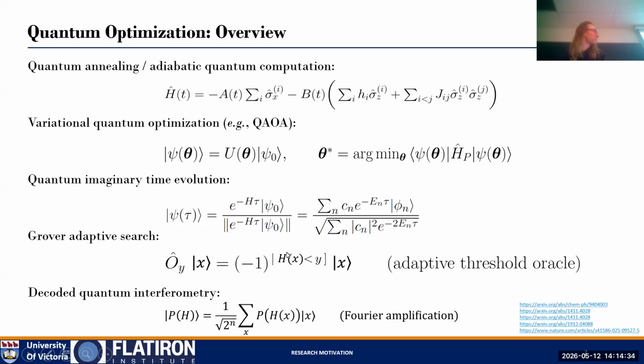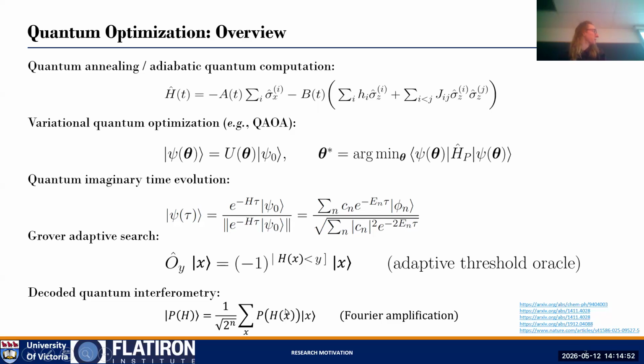This inherits the square root speedup inherent to Grover adaptive search, but that speedup can be negated if the oracle construction is complex enough.